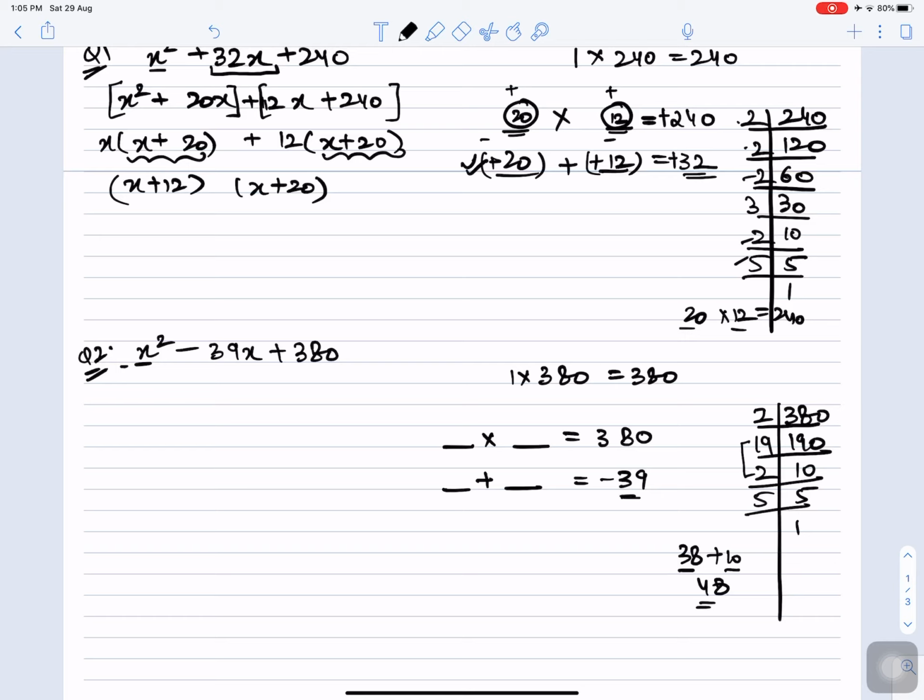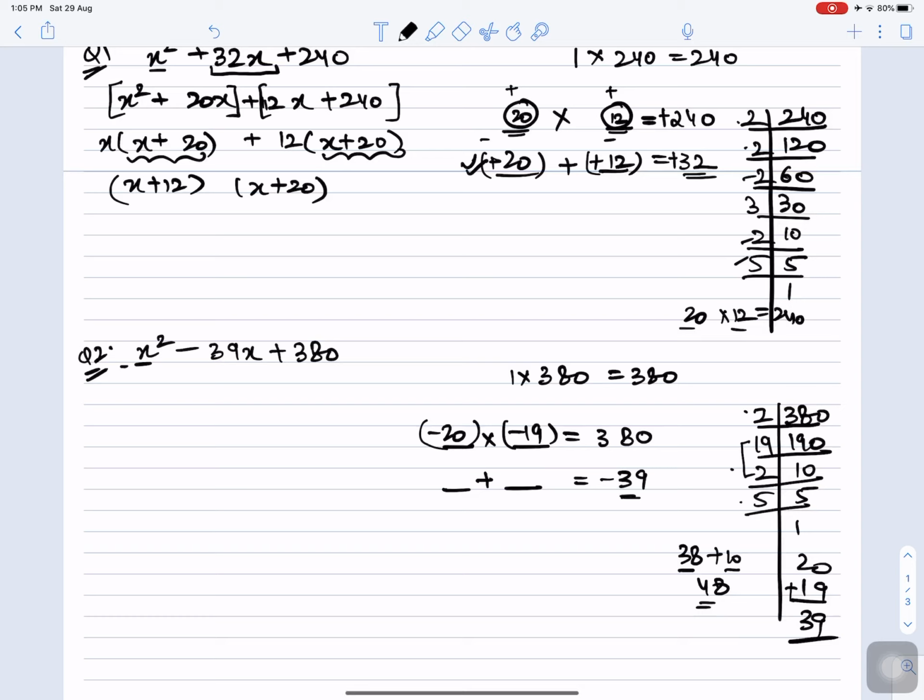Correct? 39 आने के लिए हमें क्या करना पड़ेगा? सर्च करना पड़ेगा. सर्च कीजिए. 2 2s are 4, 4 5s are 20. And if we add the two numbers, we will get 39. Yes, this is the case. Now see, what I concluded just a minute before is that both the numbers should be negative integers. So it means it should be minus 20 and minus 19.